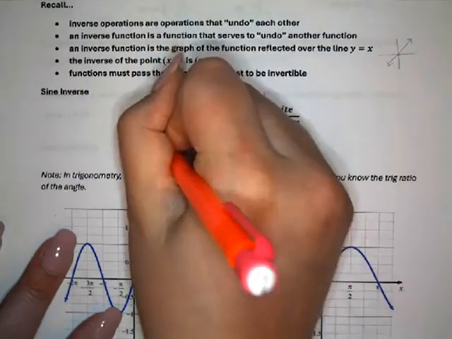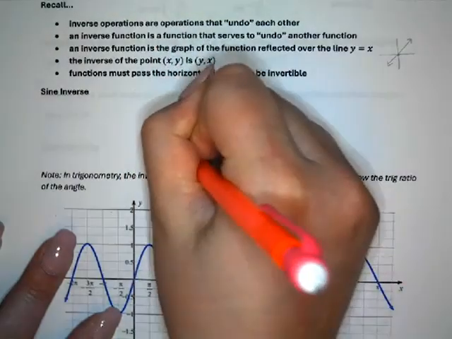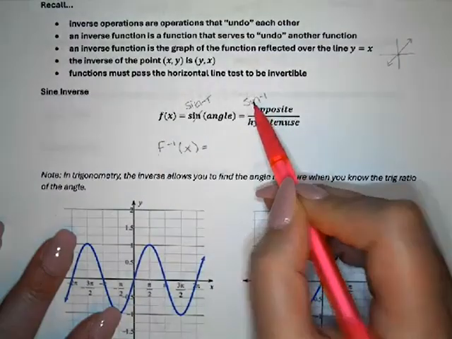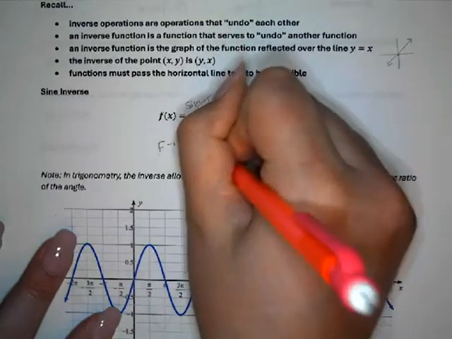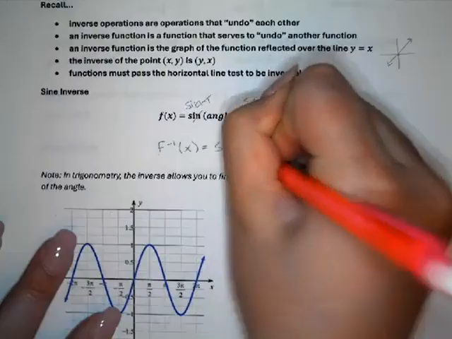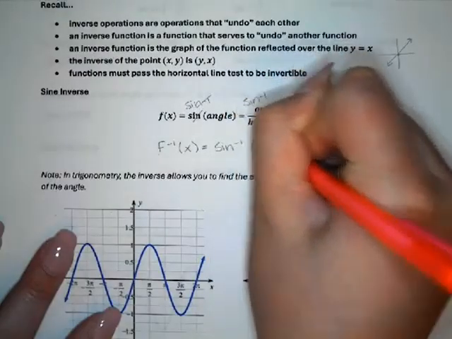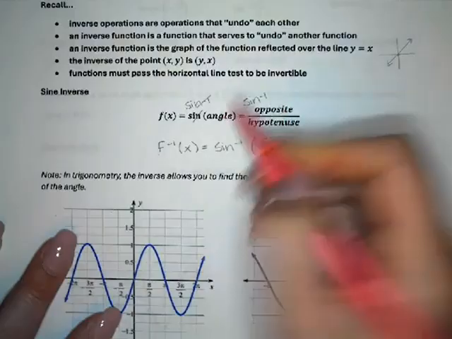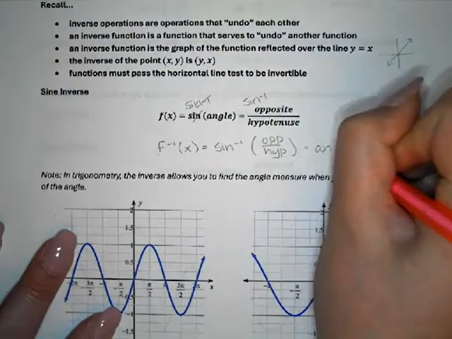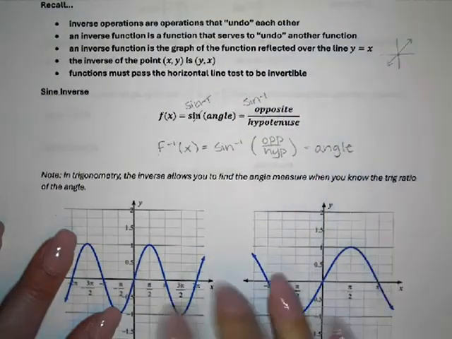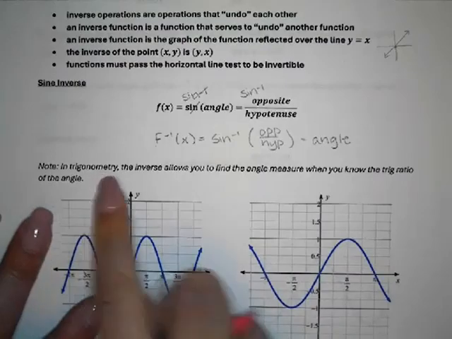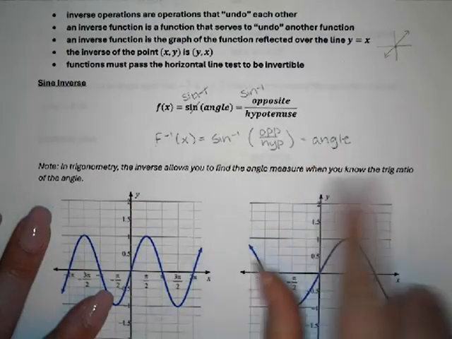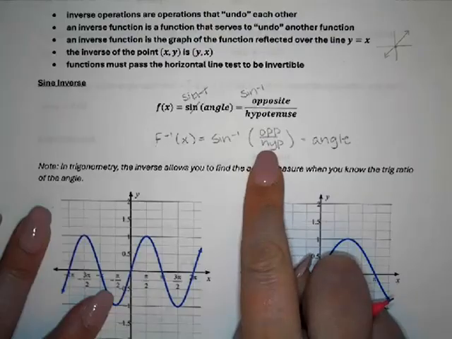And so when we write our inverse function, what we end up with is sine inverse of the ratio is equal to an angle. So in trigonometry, the inverse allows you to find the angle measurement when you know the trig ratio.